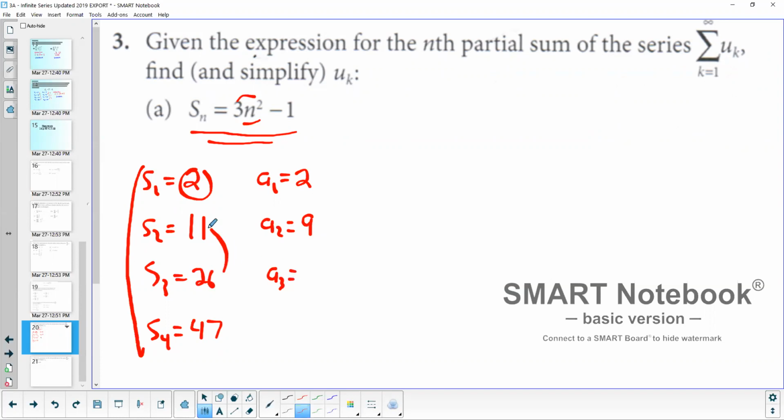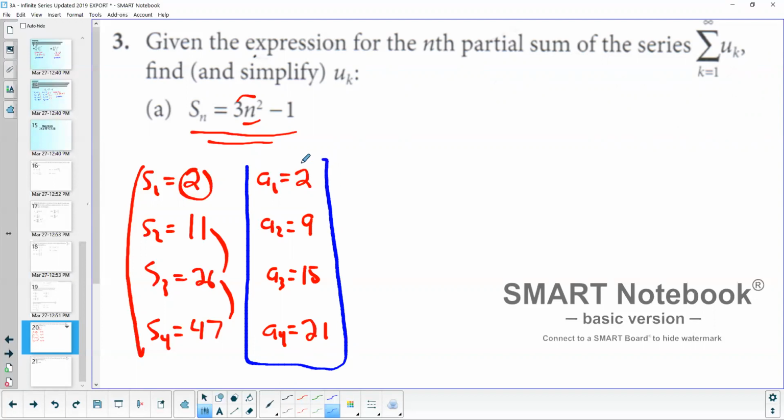So here, the difference between 11 and 26 is 15. That tells me that the third term in the series is 15. And then to find the fourth term in the series, I just find the difference between 26 and 47, which gives me 21. So the first four terms in my series are these. And you can continue on, but I think we have enough information from those to figure out what's going on.